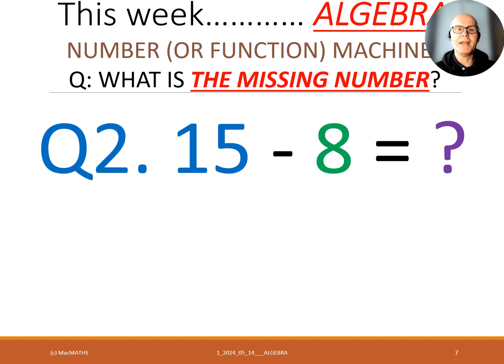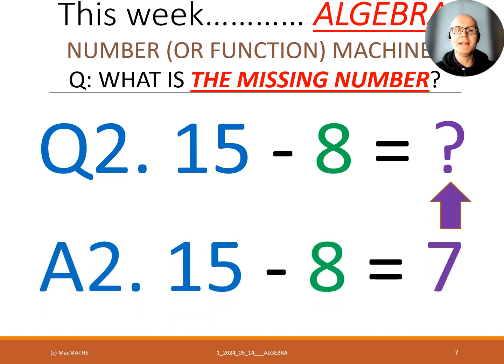What's the missing number in this number machine? 15 minus 8 equals what? 15 minus 8 equals 7.